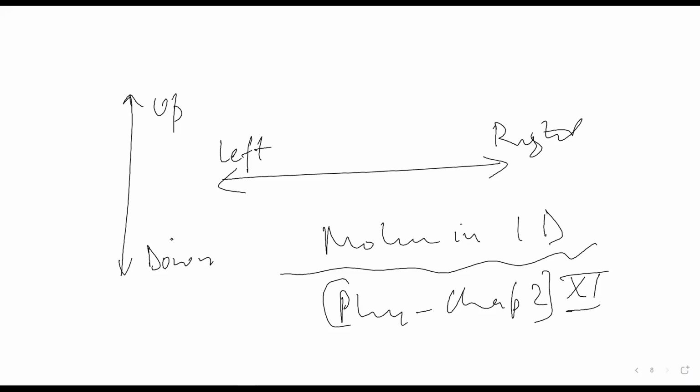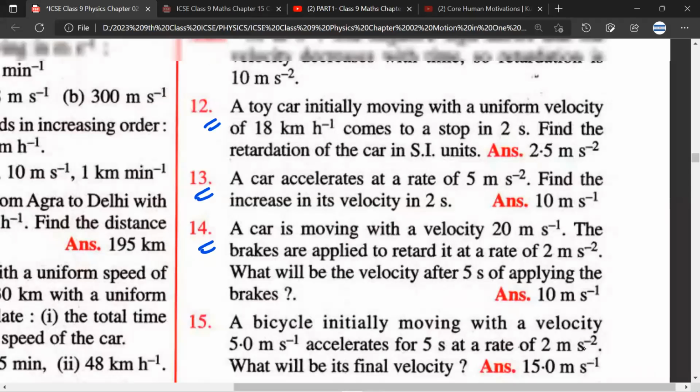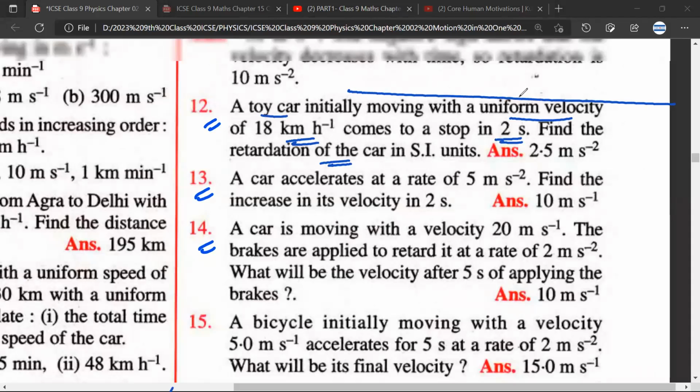Now if you see what they are saying, for example, in this numerical, a toy car initially moving with a uniform velocity of 18 km per hour comes to stop in 2 seconds, find the retardation. In this case, our movement is happening left right. So this is one dimension only. Up down is one dimension and left right is one dimension. Are we clear?